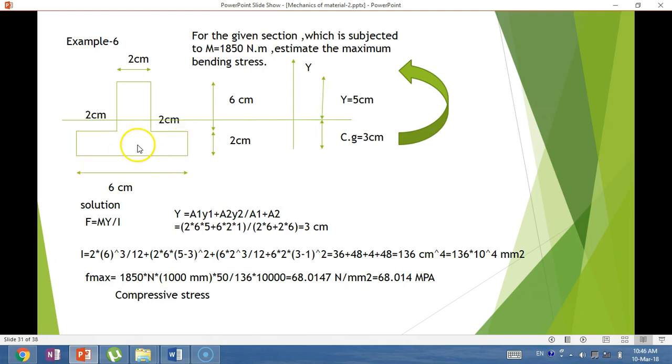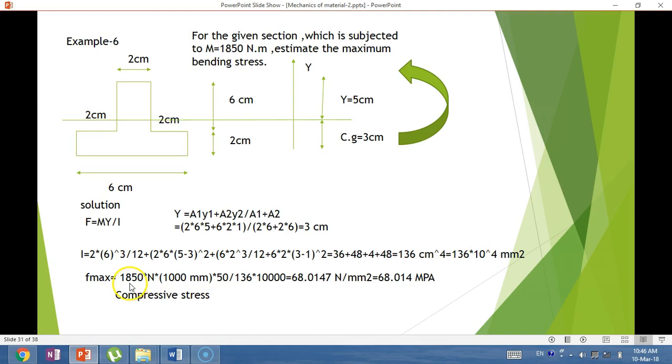Here our CG point is at 1.5 while the other one is 3, so the square of the distance is 3 minus 1.5, 3 minus 1 squared. We come to the end that the inertia value is 136 times 10 to the power 4 millimeter to the fourth.